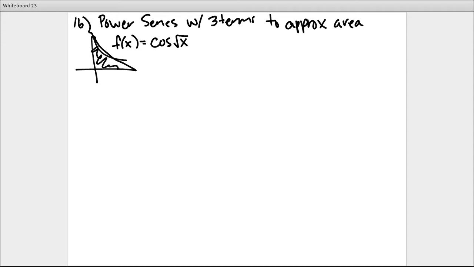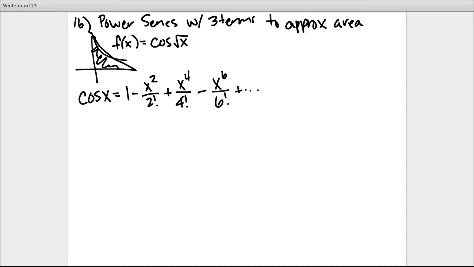So what are you going to use? You are going to use the power series you know for cosine. We know the parent series for cosine of x is 1 minus, it's all the even powers. So x to the 0 would give you that 1, and then x squared, and then x to the 4th over 4 factorial, and the next one would be x to the 6 over 6 factorial, and it keeps on going like that.